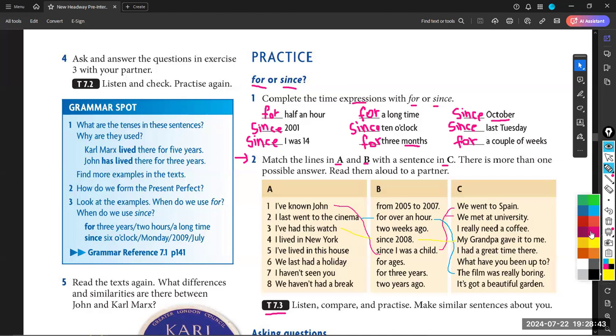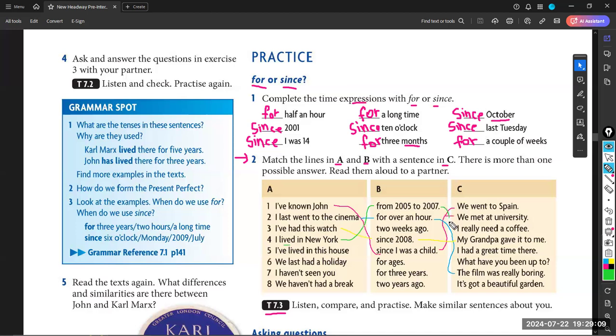Now let me change the color. 4, I lived in New York from 2005 to 2007. I had a great time there.